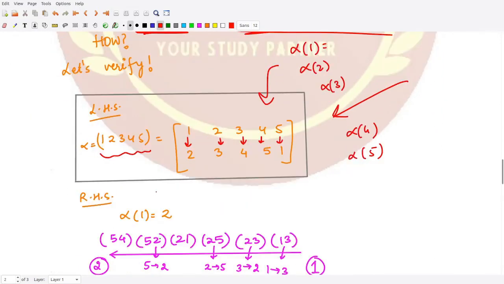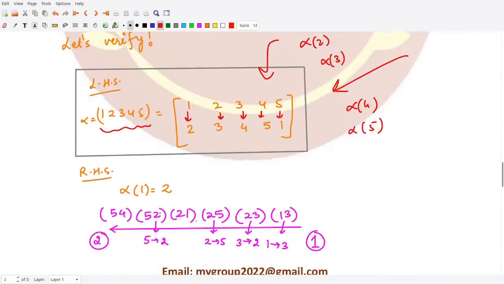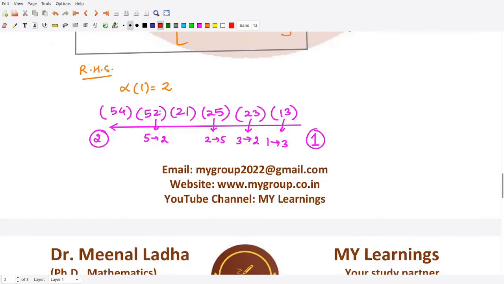So let's see in the right hand side what is the value of alpha of 1. This can be calculated by writing down the permutation here. We start by inputting one number to it, and in this case we have to move from left to right. So we are inputting the number 1 here.